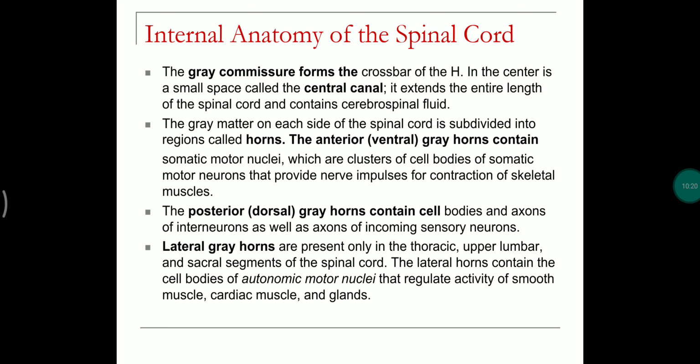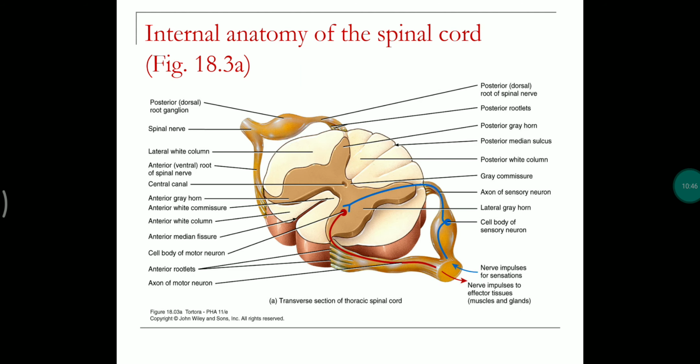The lateral gray horns are present only in the thoracic, upper lumbar, and sacral segments of the spinal cord, meaning we cannot see these lateral horns in the cervical region. These consist of cell bodies of autonomic motor nuclei, which regulate the activities of smooth muscle, cardiac muscle, and glands.